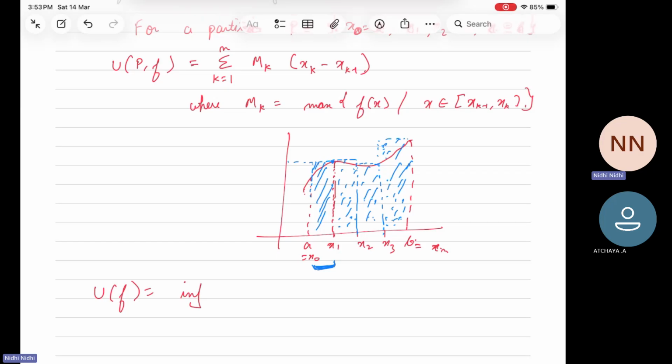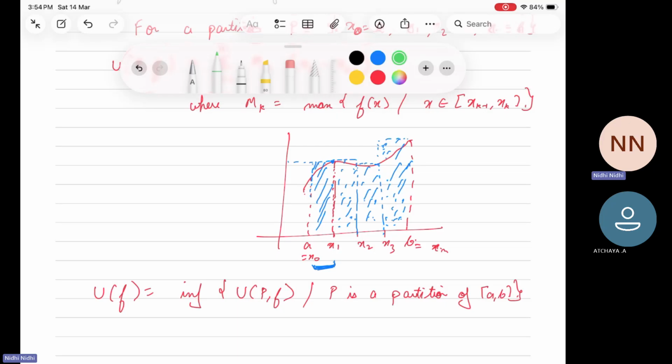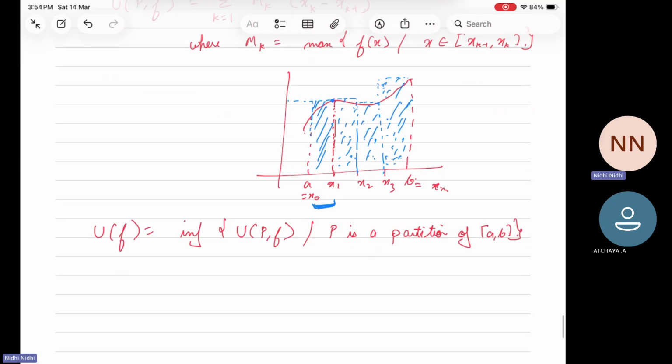So we take this UF to be the infimum of all UPF, where P is any partition of AB. Similarly, we define LPF.